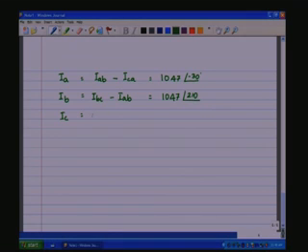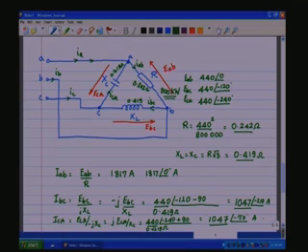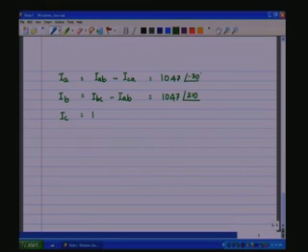Then IC, if you look at this figure here, is ICA minus IBC, which is 1047 at a reference angle of 90 degrees.